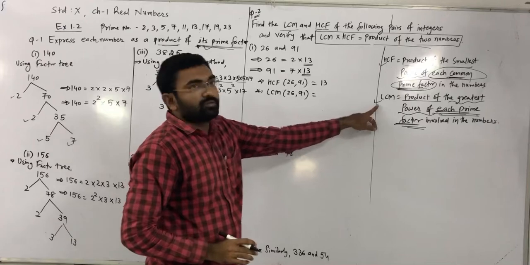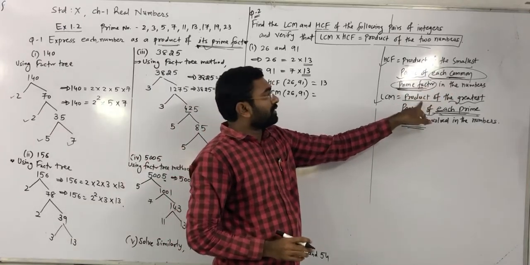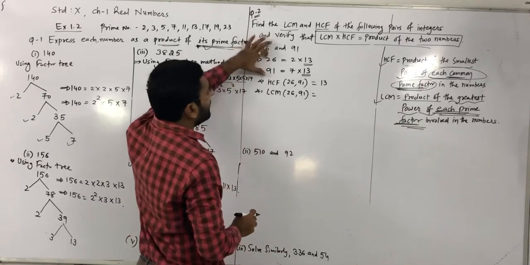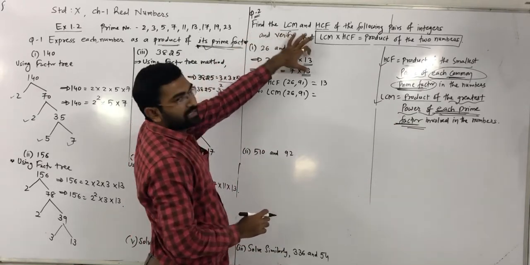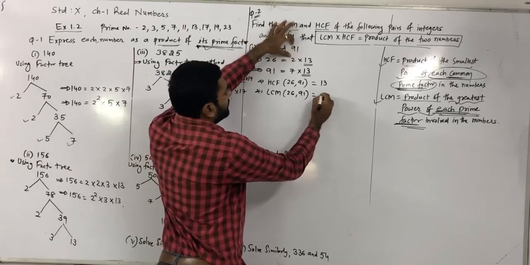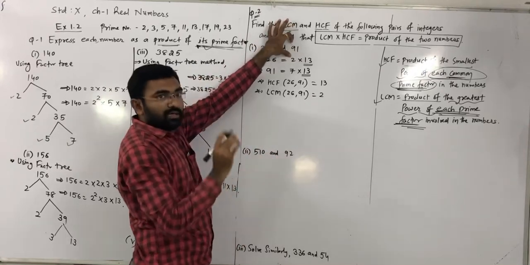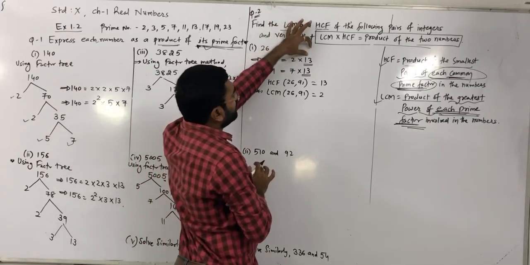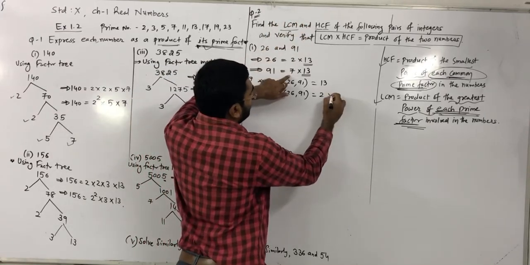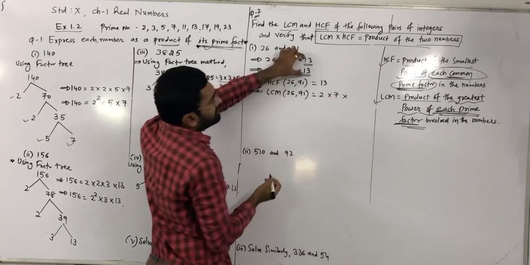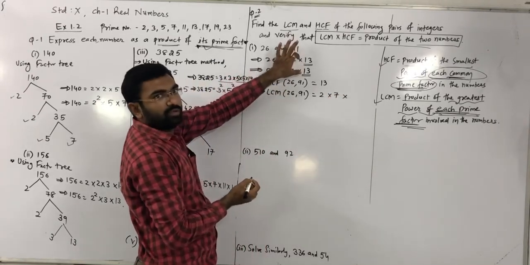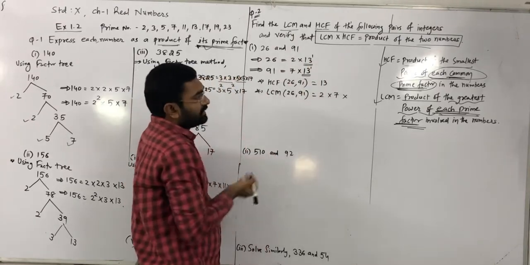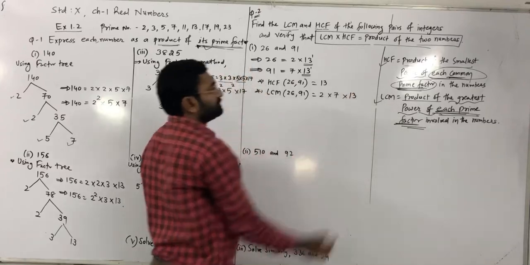LCM means we take the product of the greatest power of each prime factor, right? Here, for 26 and 91, first we write 2. Then the second prime factor we take is 7, and here is 13. 13 is a factor of both numbers, so its power is 1 only, so we write 13 only.